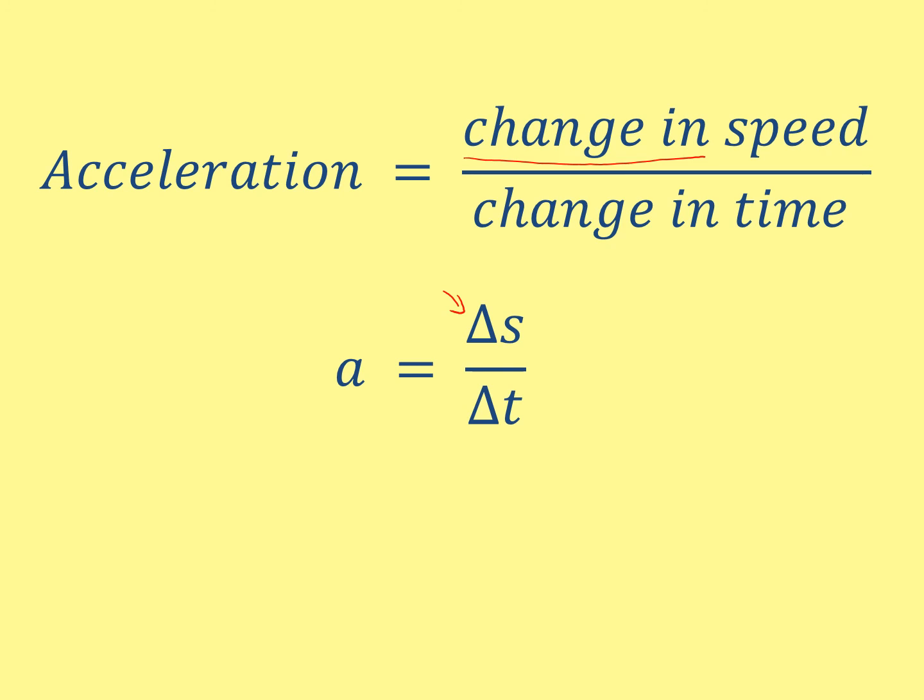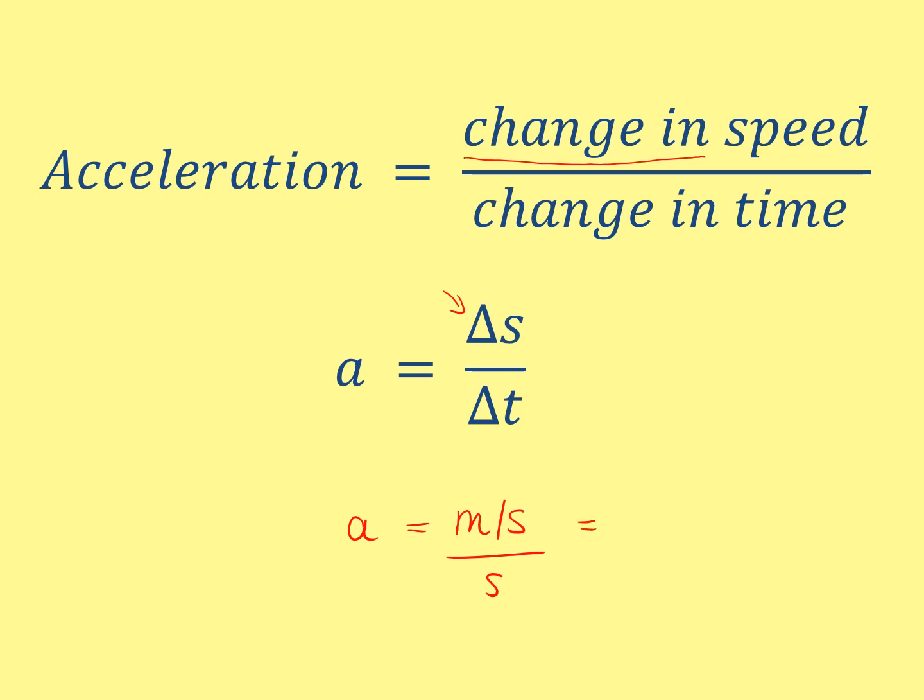Now let's have a look at the units for acceleration. So the unit for speed is meters per second. That means meters every second. And the unit for time is seconds. So acceleration is equal to meters per second per second.